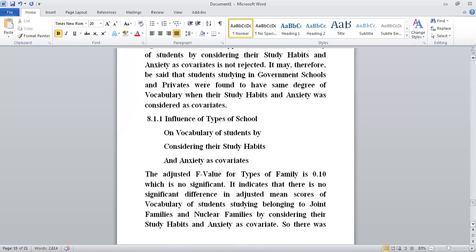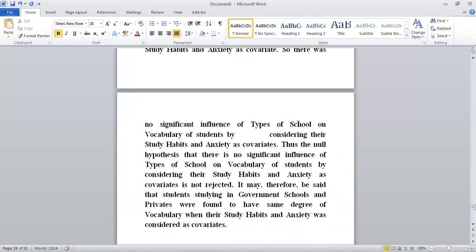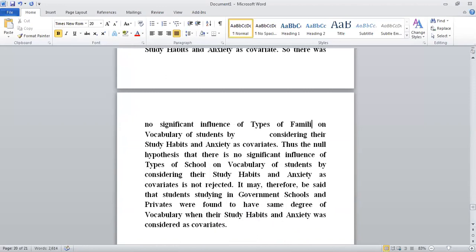So there was no significant influence of types of families on vocabulary of students by considering their study habit as covariates.